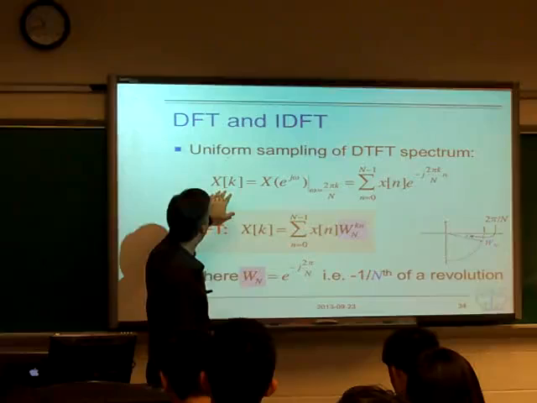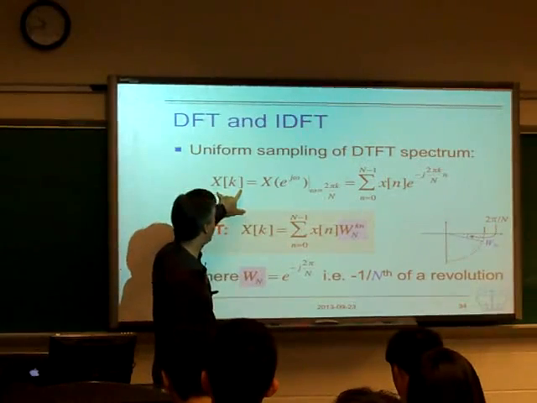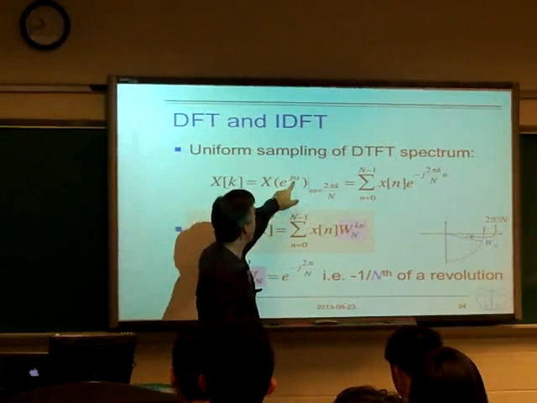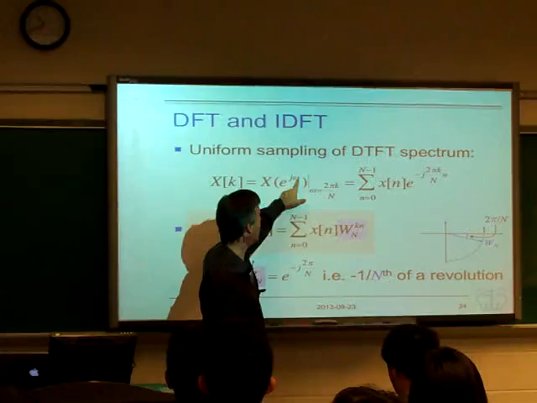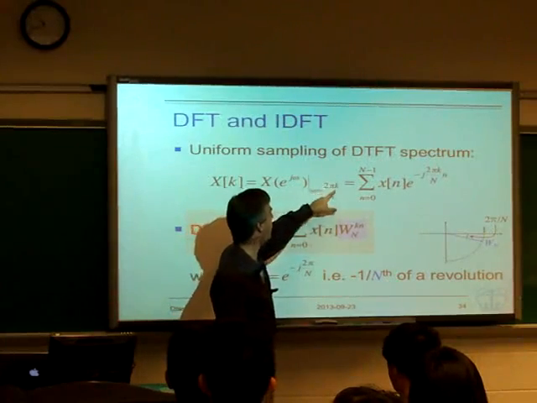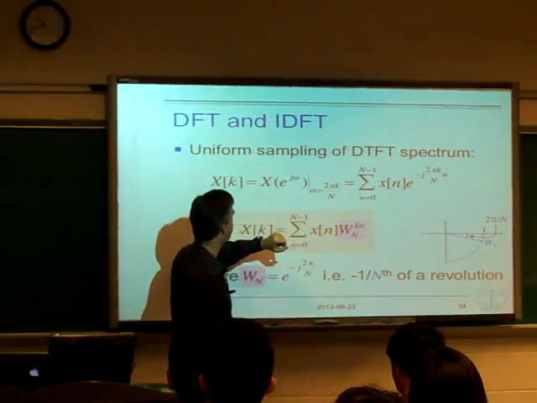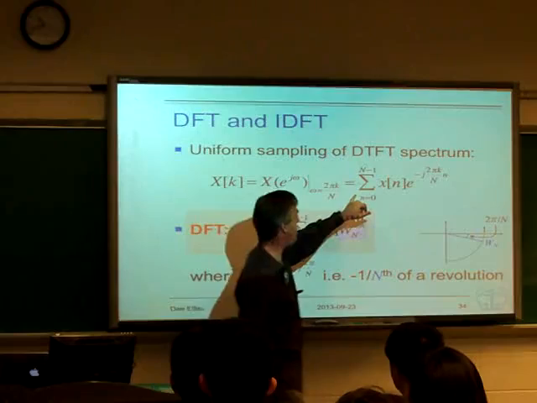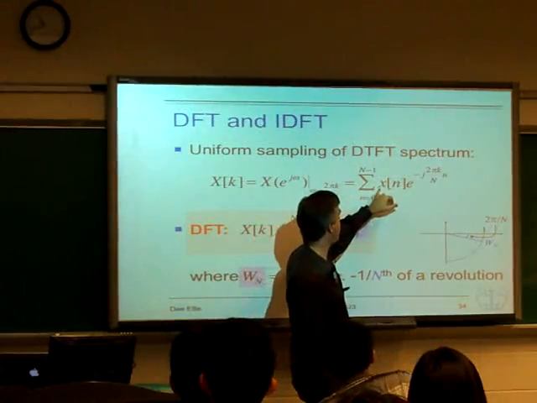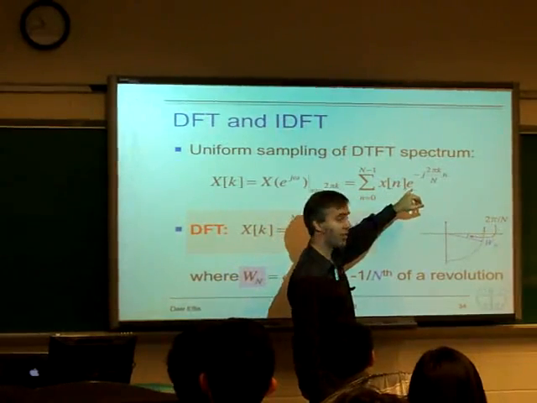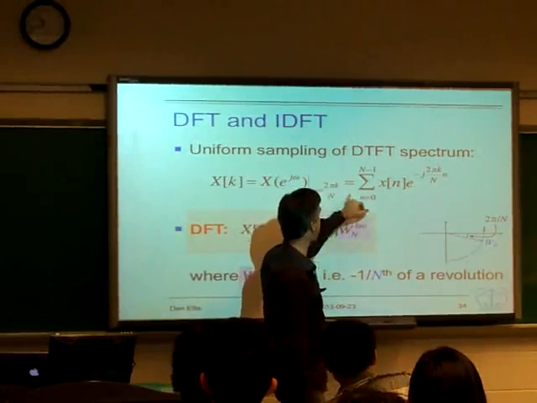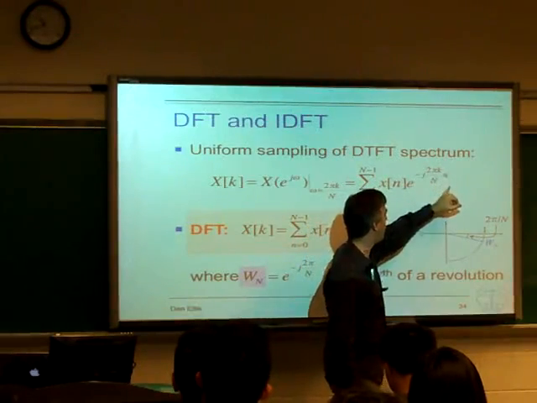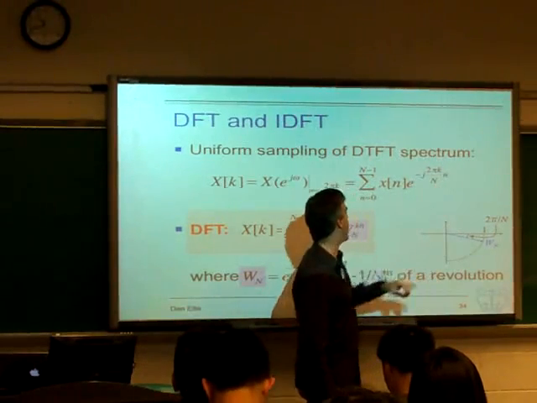And that turns out to be what we need. It gives us the discrete Fourier transform. So we're going to say that x of k, the DFT, is x of e to the j omega, the DTFT, for a set of discrete values of omega, where omega is equal to 2 pi k on big N. If we plug this back into our DTFT equation, right, DTFT is the sum of x of n e to the minus j omega n, so now we've got omega equal to 2 pi k on N, so it's x of n e to the minus j 2 pi k on big N times n.